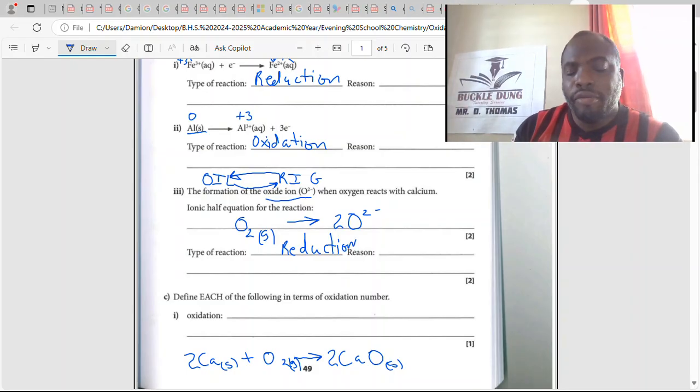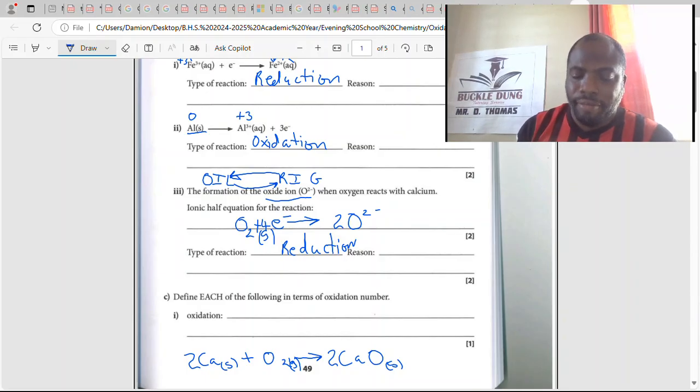So we know if it's reduction, we write the electrons on the left hand side. So this would have been plus 4 electrons. So this is the half equation that they want. And we said that the reason would have been each atom of oxygen would be gaining 2 electrons.